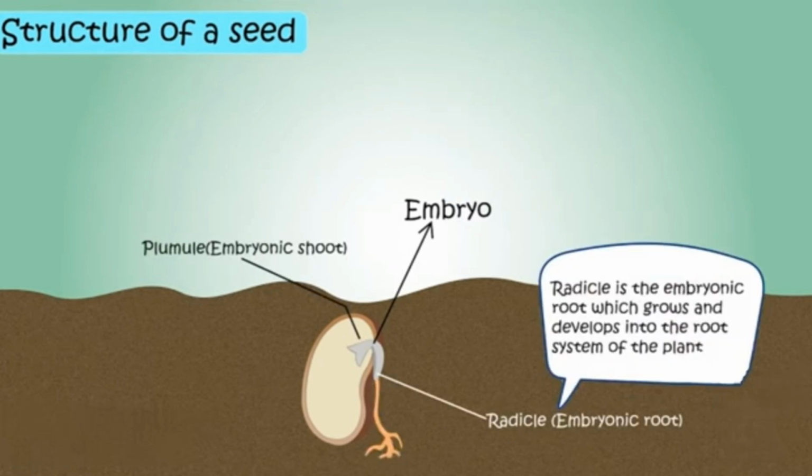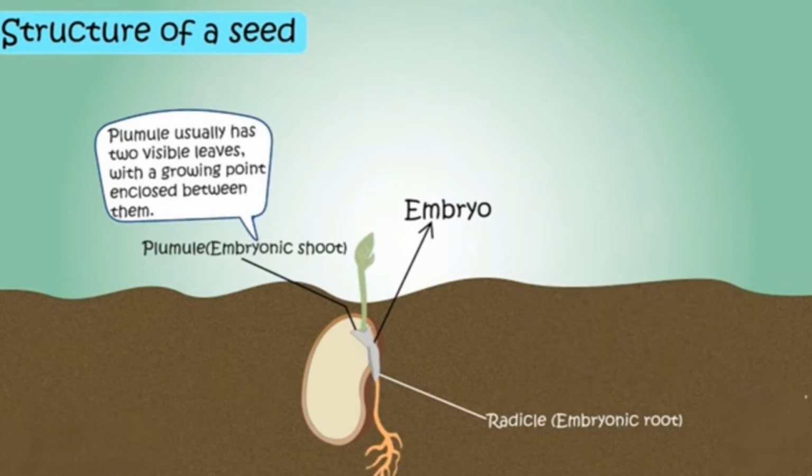See, the radicle, which is the embryonic root, develops into the root system of a plant, and the plumule is the part of the embryo that develops into the shoot system of a plant.